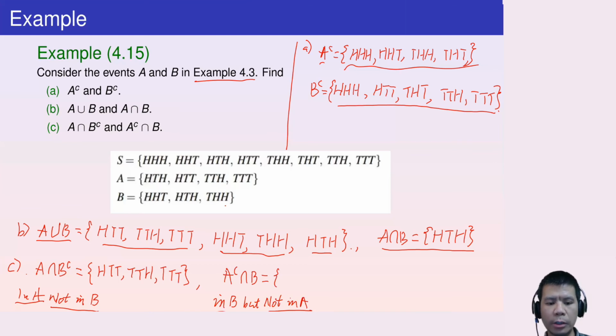Again, you can see that these two are in B, but you have to delete this one because this value is also in A. So therefore, we have H, H, T, T, H, H. Okay, so that's how we solve this problem, right? So you have the complements, the union, intersection, the differences.